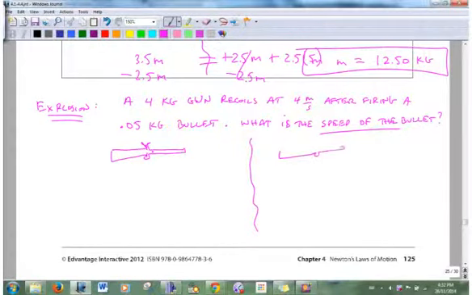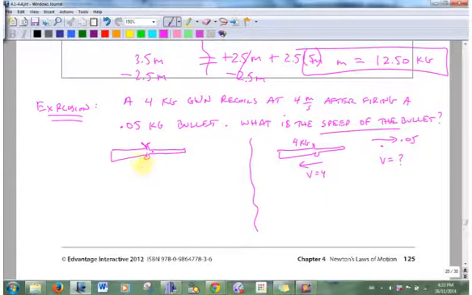After it shoots, we have the gun, which recoils, and we have the bullet, which of course is shooting in the opposite direction of the gun. That's what I want to know, the speed of the bullet. I know that's 0.05 kilograms. I know this is 4 kilograms. Okay. So, what is the momentum before?